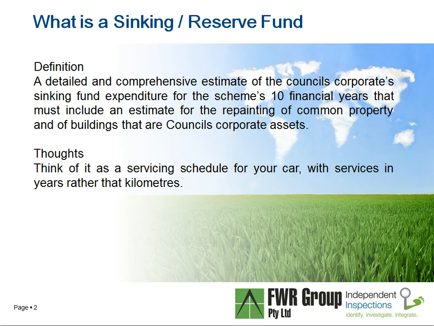So there's a few components in the sinking fund that we need to look at. So we need to provide for the necessary and reasonable expenditure from the sinking fund for that financial year. Reserve a proportional amount to meet their anticipated expenditure over the next 9 years.